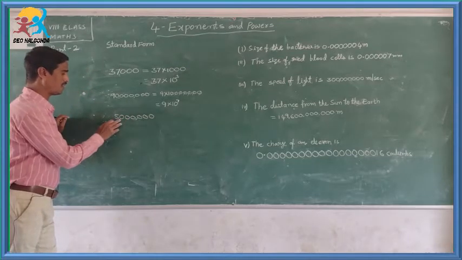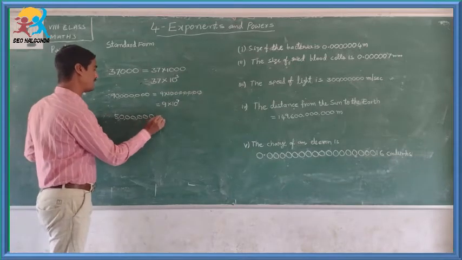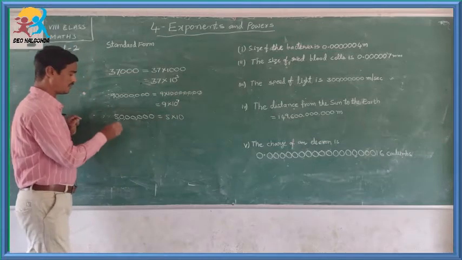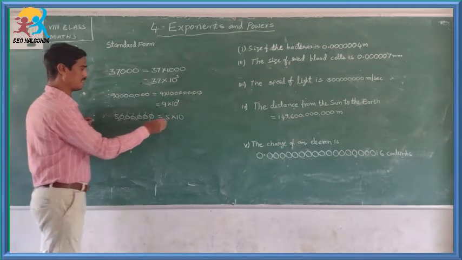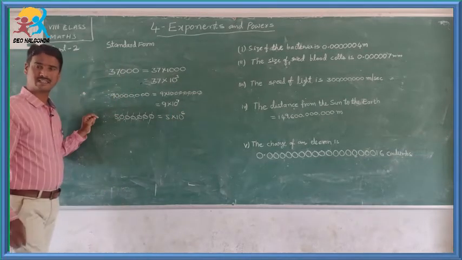So how can we write this one? Here 5 million or 50 lakh. How to write 50 lakh? 5 into, I am going to write directly this time, how many zeros here? 1, 2, 3, 4, 5, 6. 5 into 10 to the power of 6. Is it clear? Very easy, no?